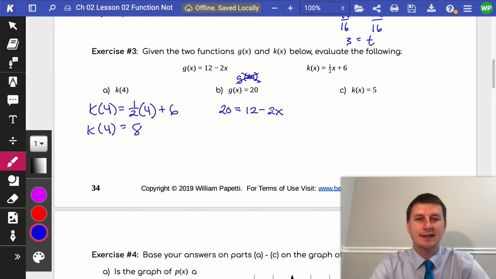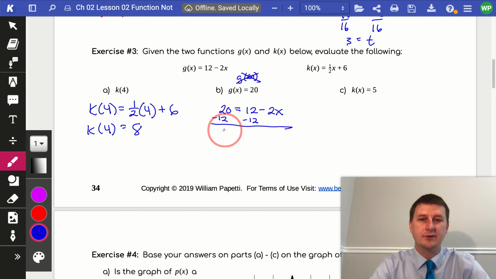So now I'm going to have to isolate my variable to solve for the exact value of x. So I'll subtract 12 from both sides, and I'll be left with 8 is equal to negative 2x. Finally, I'm going to divide by negative 2, and I'm going to get negative 4 is equal to x.